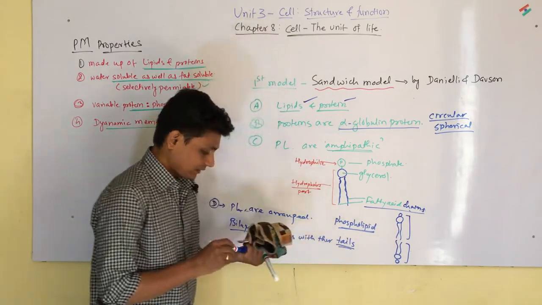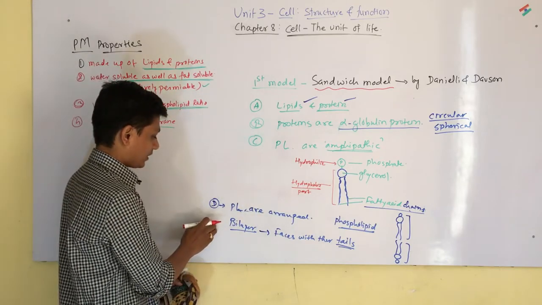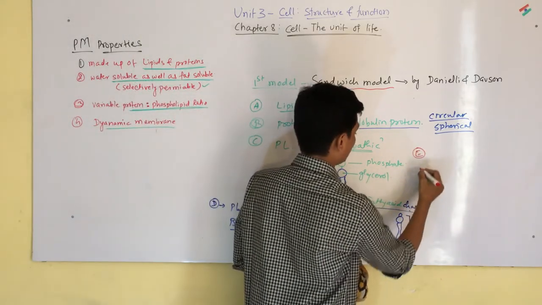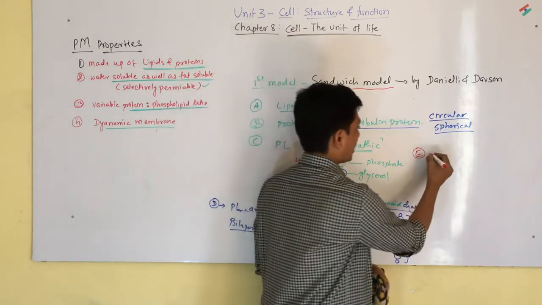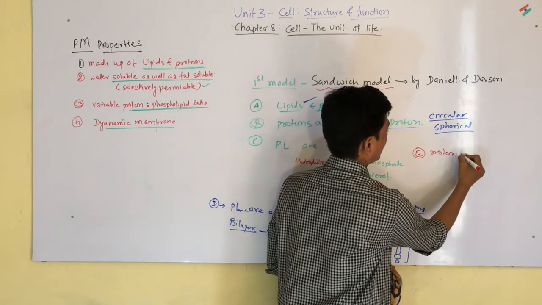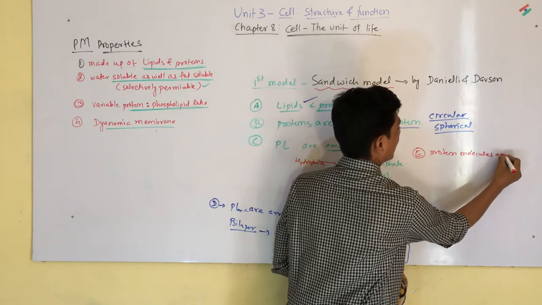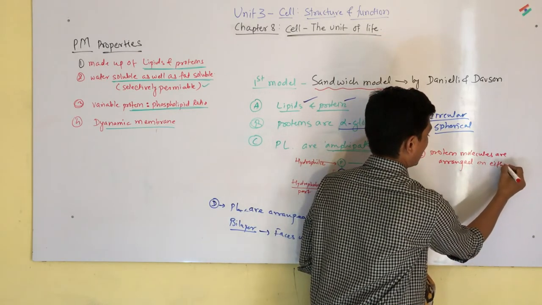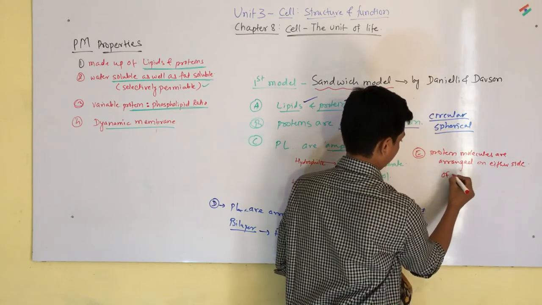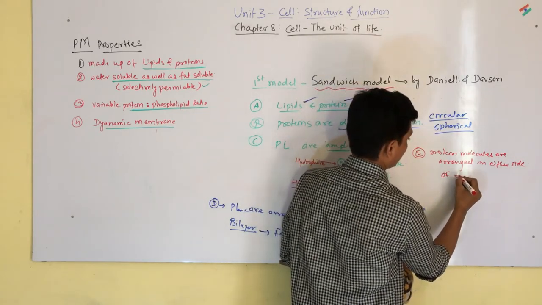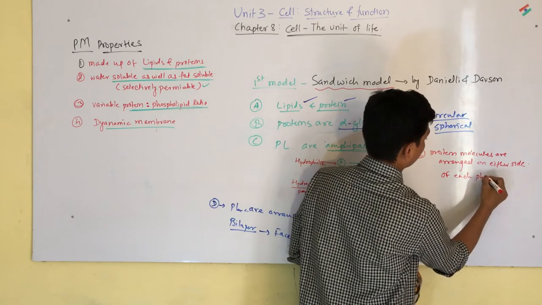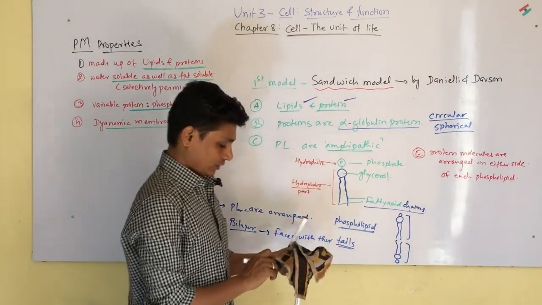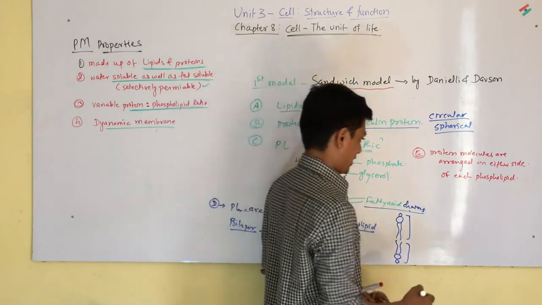The next point explained by Danielli and Davson, the fifth one, is that the protein molecules are arranged on either side of each layer of phospholipids. So according to this point, the structure of the plasma membrane is like this.